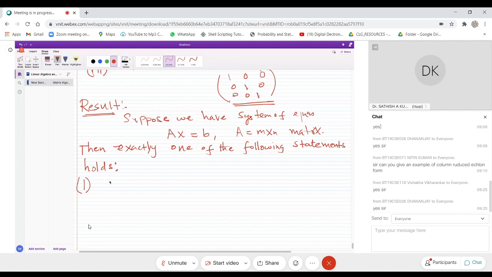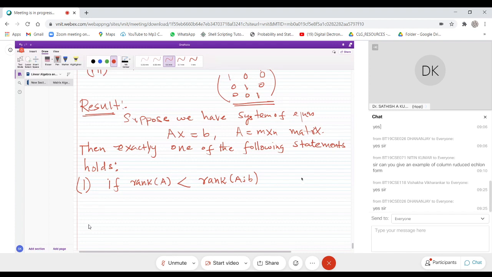The first case: if the rank of A is less than the rank of the augmented matrix. Suppose the rank of A is, let's say, 2, but the rank of the augmented matrix [A|b] is 3, in the case of a 3 by 3 matrix.